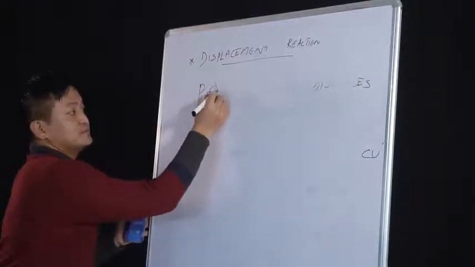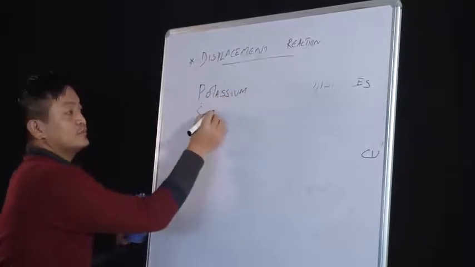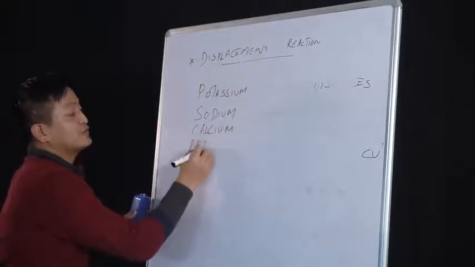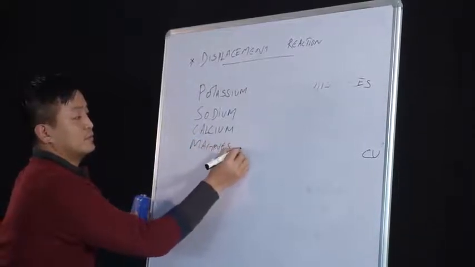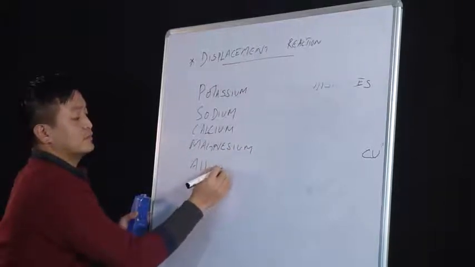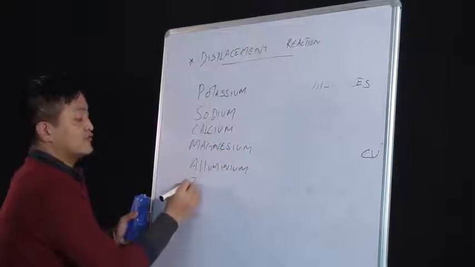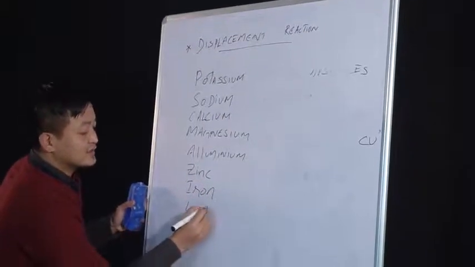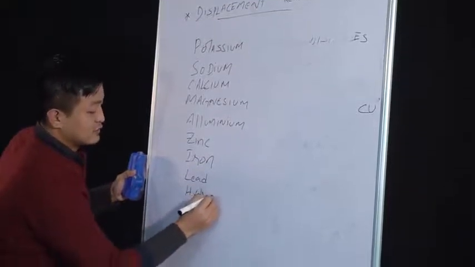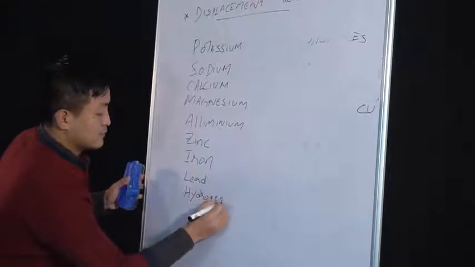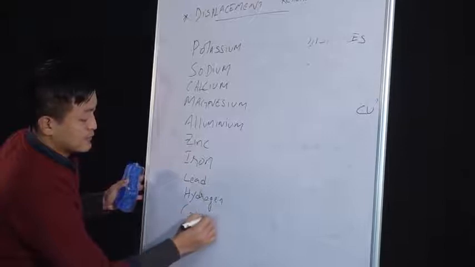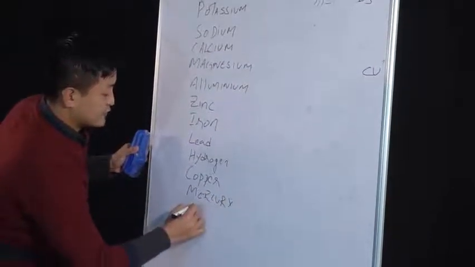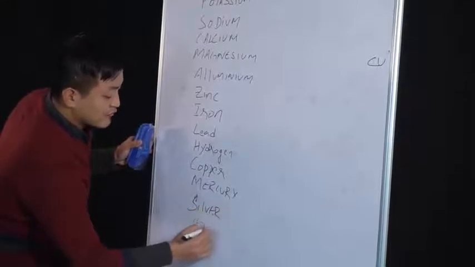So we have potassium, we have sodium, we have calcium, we have magnesium, we have aluminum, we have zinc, we have iron, we have lead, L-E-A-D, lead, we have hydrogen, we have copper, we have mercury, we have silver, and the last one we have here is gold.